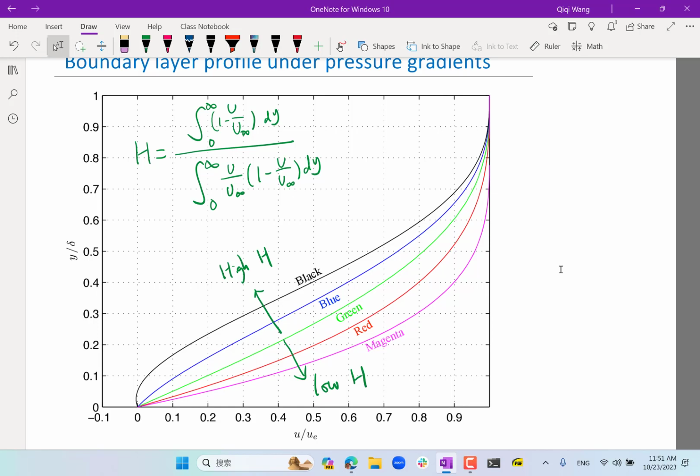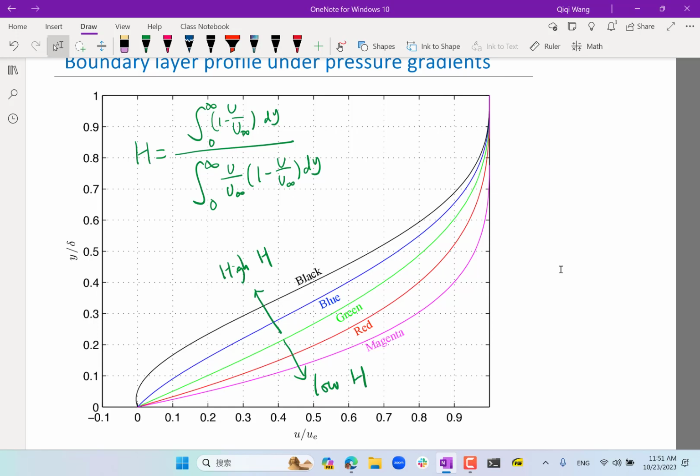As opposed to the rest of the lines, the velocity gradient on the wall is of an opposite sign, right? So that means instead of the wall dragging the flow backwards, with the black profile, the wall is actually dragging the flow forward, right? Agreed?